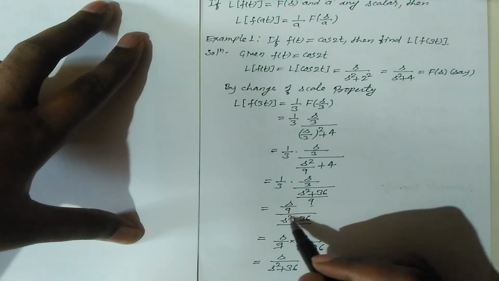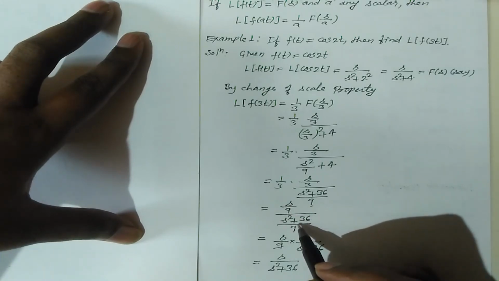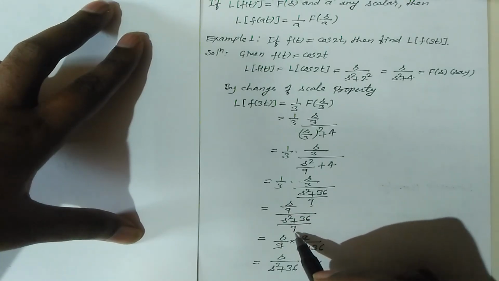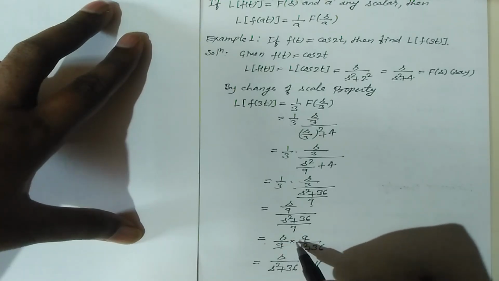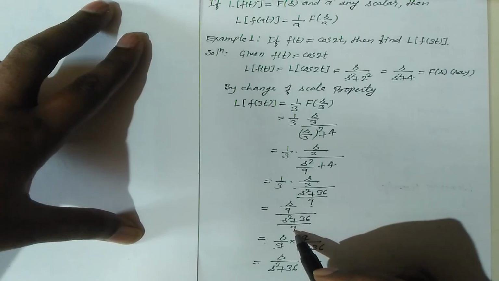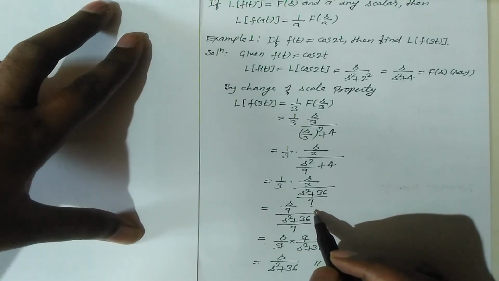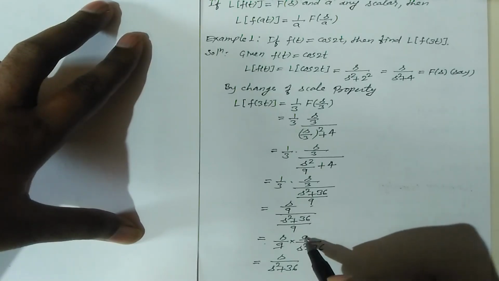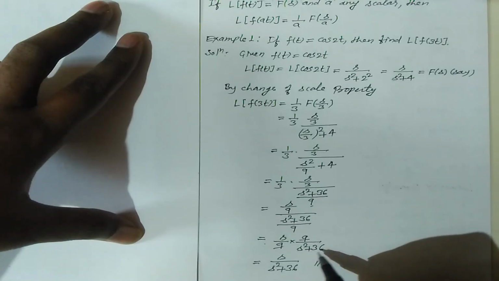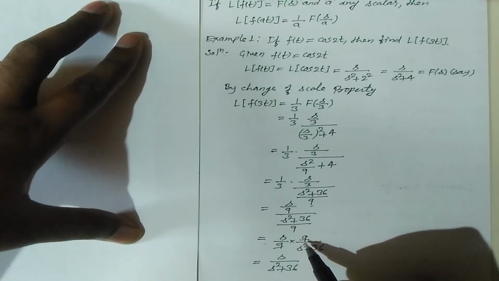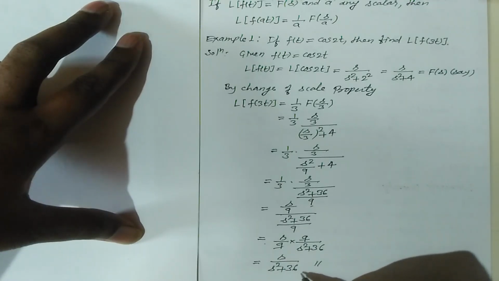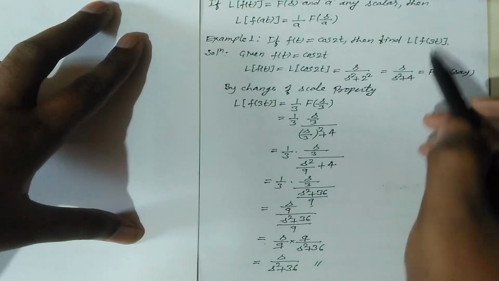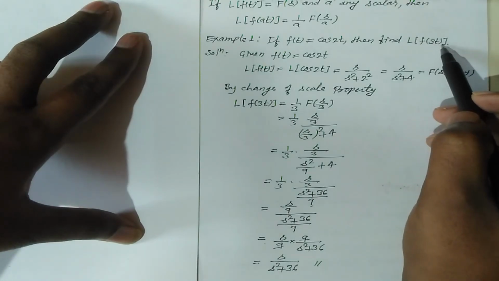So s by 9 the whole divided by s square plus 36 divided by 9, and this equals s by 9 into denominator comes on the numerator, so into 9 by s square plus 36. So 9 and 9 will cancel, so we will get s by s square plus 36, which is the required Laplace transform of the function f(3t).